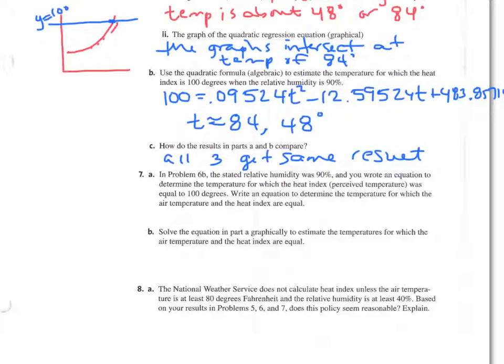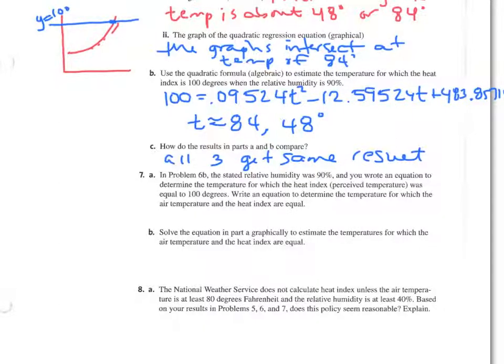Okay, so next part we want to figure out, write an equation to determine the temperature for which the heat index is equal to 100 degrees, right? For where the air temperature and heat index are equal. So we have this regression equation that shows the heat index for any given temperature.